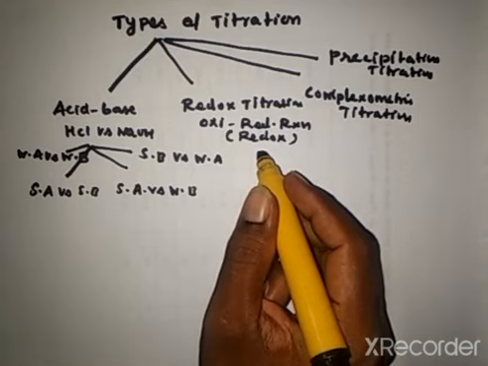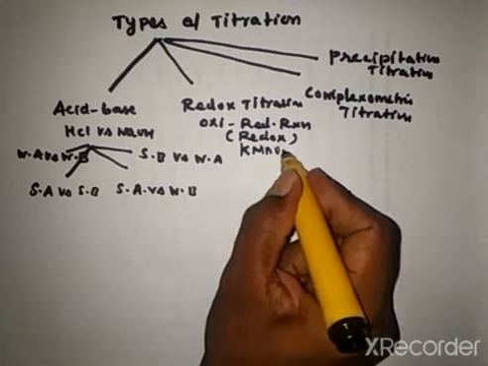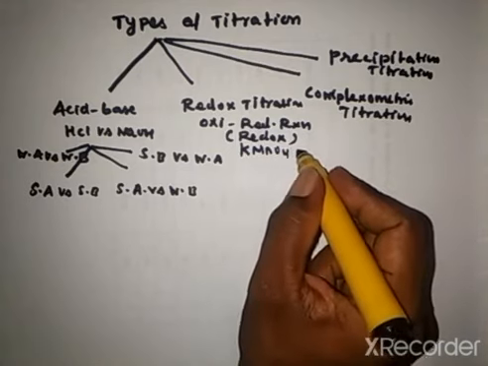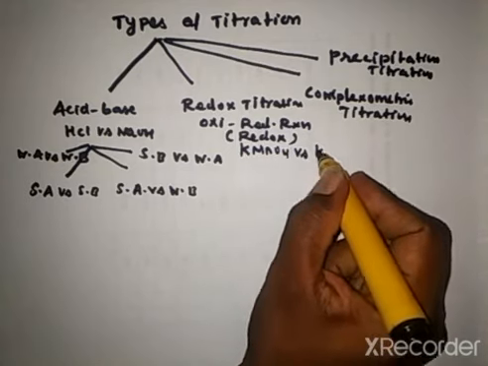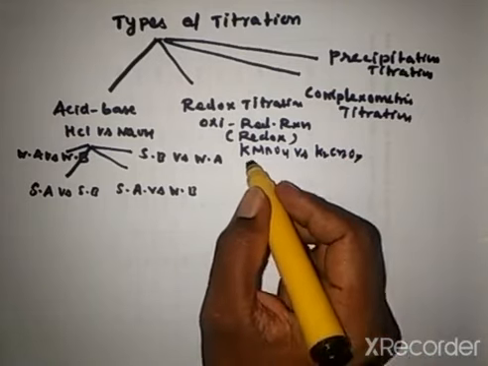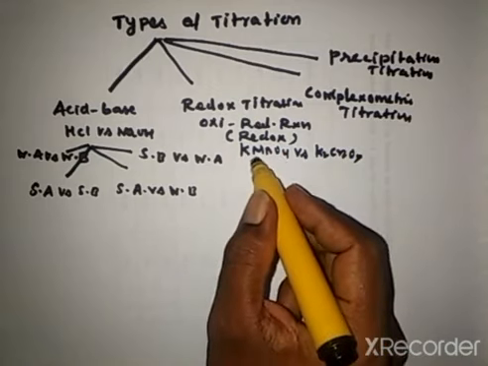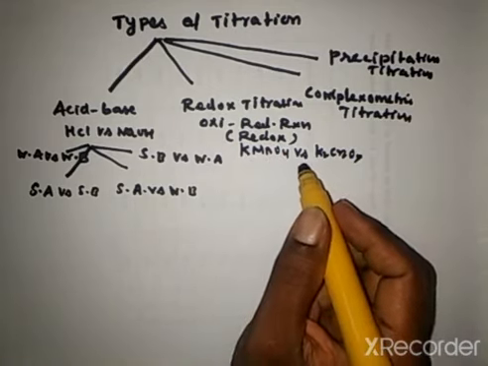It is a redox titration. So if you are doing the titration between KMnO4 and K2Cr2O7, this titration is the redox titration because this titration involves both oxidation reaction as well as reduction reaction.